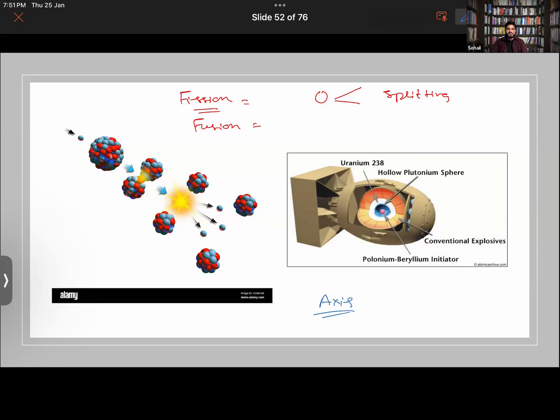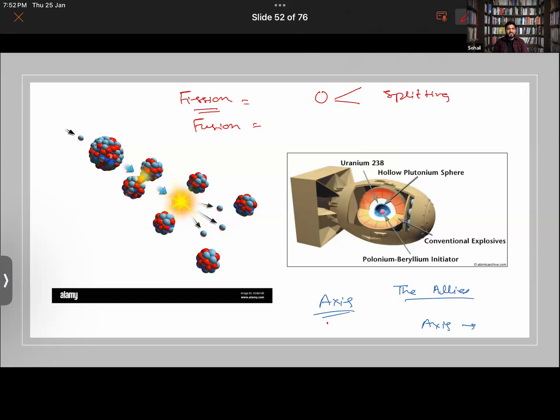Germany, Japan, and Italy. Very good. So one party was the Allies, and the other one was the Axis. Which party lost in the Second World War? The Axis Alliance lost. Axis consisted of three countries.